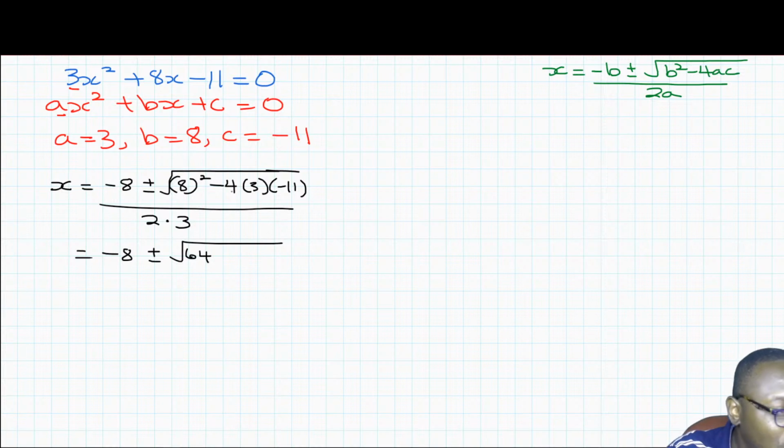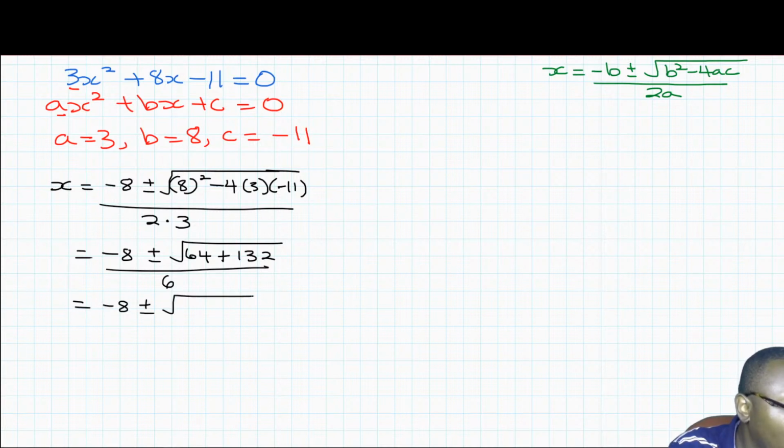So 4 multiplied by 3 is 12, 12 multiplied by 11 is 132. We have a negative here and a negative here, so it becomes a positive 132, divided by 2 multiplied by 3, which gives you 6. So now we have negative 8 plus or minus the square root of 132 plus 64, which is 196, divided by 6.